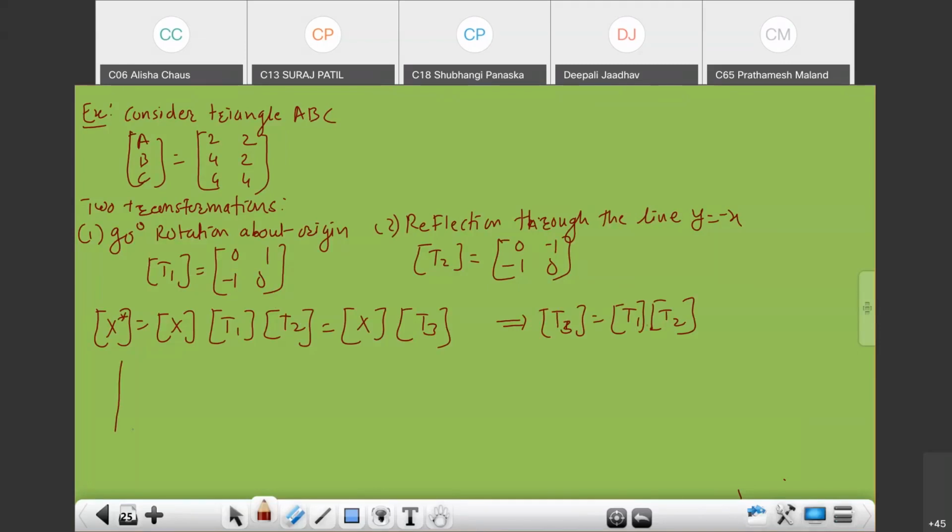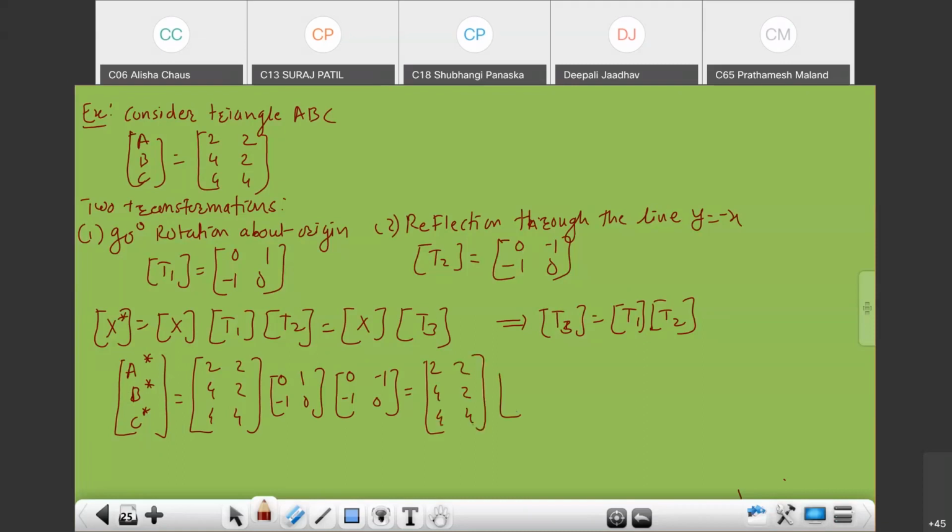So the resulting triangle A star, B star, C star is equal to the values x: 2 2, 4 2, 4 4, multiplied with the first one 0 1 minus 1 0, and the second one 0 minus 1 minus 1 0, which multiplied with the combined matrix.